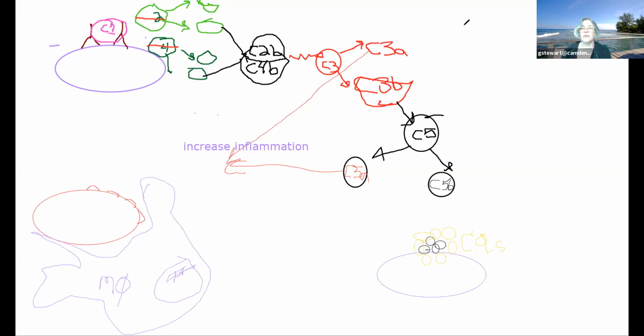And I'll just use maybe a darker green or maybe this bright blue. In the alternative pathway, what is required is same as before. You do need to have a bacterial cell wall or maybe a fungal cell wall or some parasitic cell membrane.